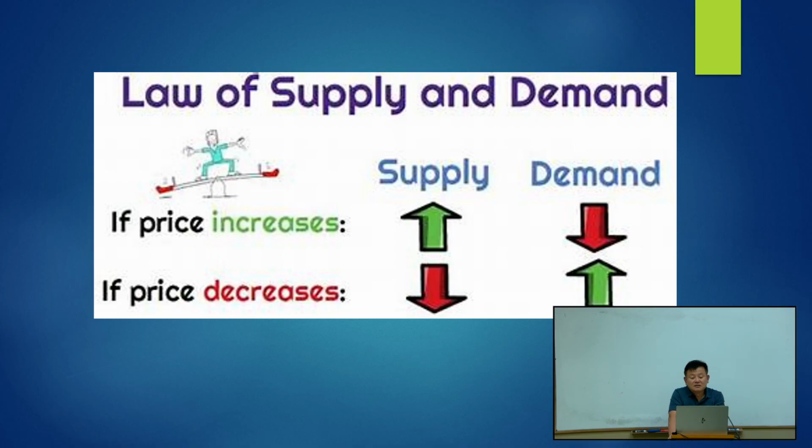But when prices increase, I would like to buy later, or some give up, so demand decreases. If the price decreases, supply also decreases, but demand increases. This is the law of supply and demand in a simplified picture.